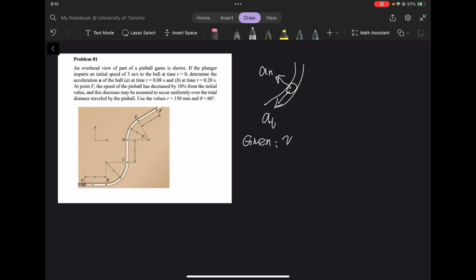So we have initial speed VA equal to 3 meters per second. R is equal to 150 millimeters, which is equal to 0.15 meter.